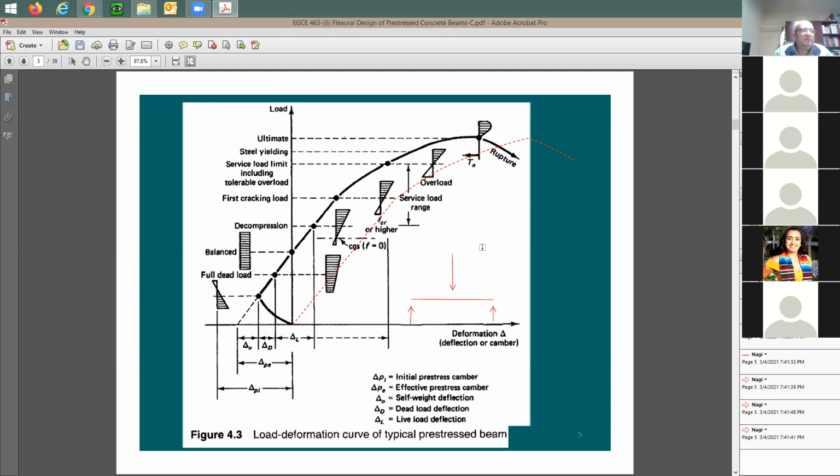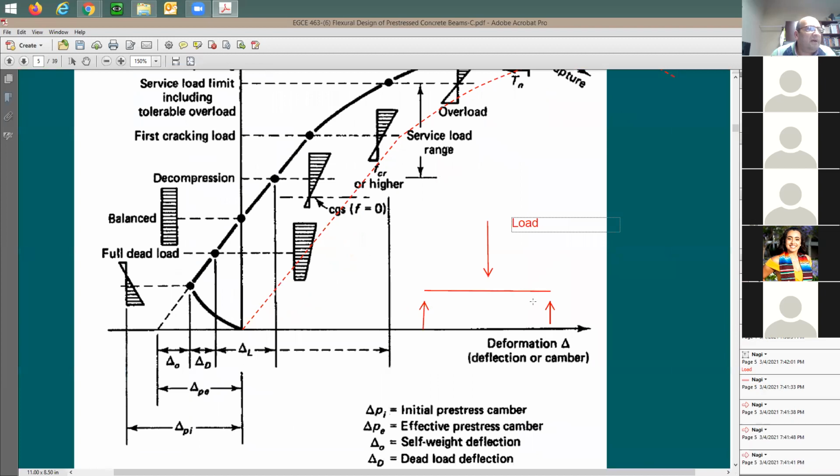So I'm going to say here's going to be the load. And what is this on the x-axis? Deformation or deflection? It's going to be deflection in this direction. I understand that the beam is going to be doing this. Correct? It's going to deflect a little bit.